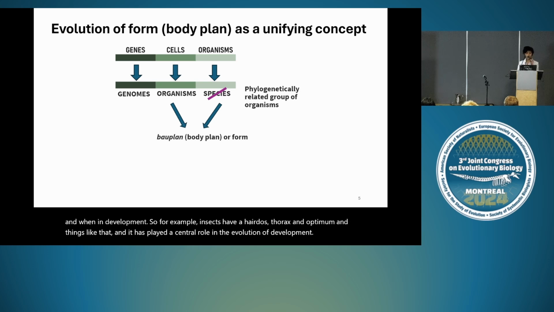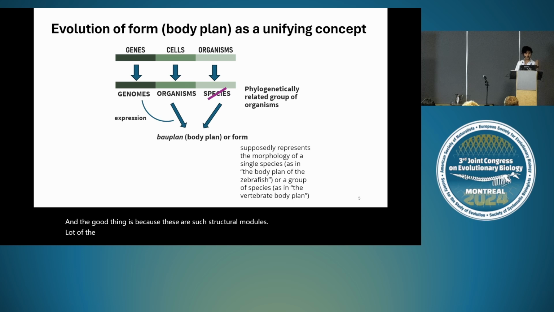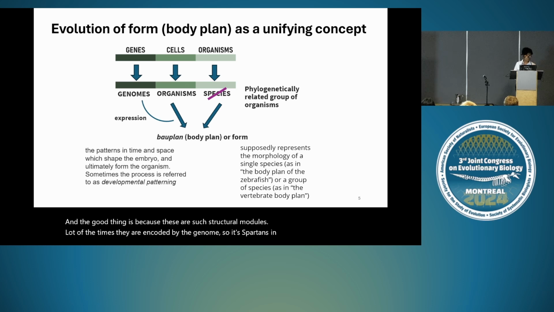And the good thing is, because these are such structural modules, a lot of the times they are encoded by the genome. So it's these patterns in time and space, in embryogenesis across all kinds of clades, that have been studied and now are being studied using different names like developmental patterning or transcriptome patterning and such.